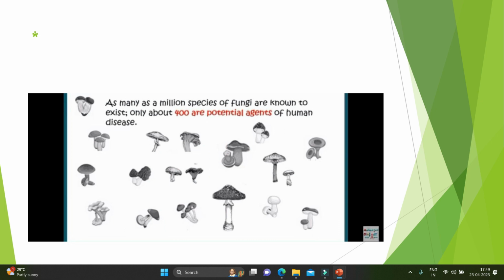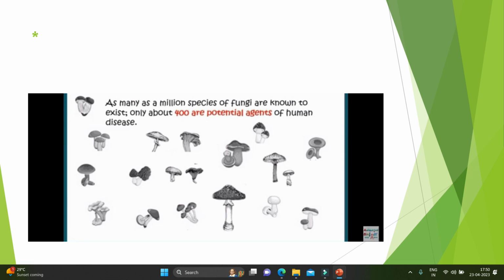Obviously, fungus can enter our body via several routes, such as entry by inhalation. The fungal spores can enter our body via our nostrils. It can also enter through injury sites. Let's say there is some fungal spore and there is an injury in your hand.